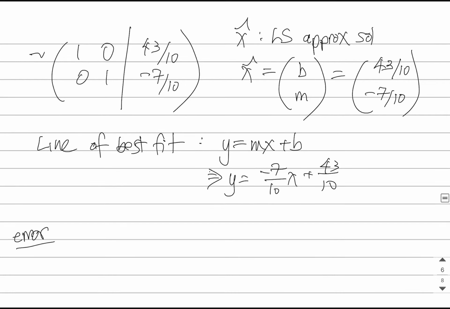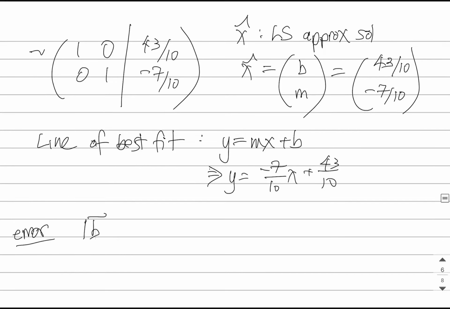Now, one way to measure the error here is basically the distance of how far my original vector b is from the b hat. The whole point of solving these normal equations is basically to avoid finding this b hat. But if you wanted to, you could do that, and you would find that this b hat is one tenth of 29, 22, 8, and 1.